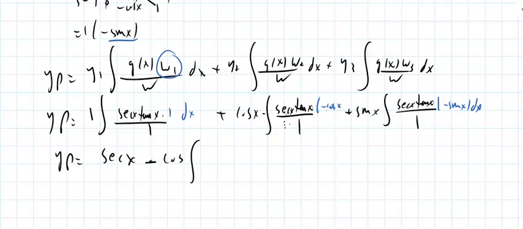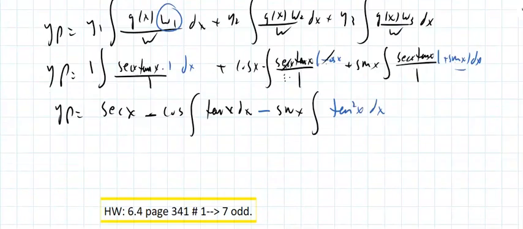I'm sorry, that's 1 over cosine. Secant is 1 over cosine. Those cancel out, so I'm left with tan of x plus sine of dx. Plus a sine of x times the integral. Actually, the minus carries over. If I take the minus from the inside and put that right there, that becomes a positive. This is 1 over cosine, so sine over cosine, tangent times tangent is tangent squared of x dx.